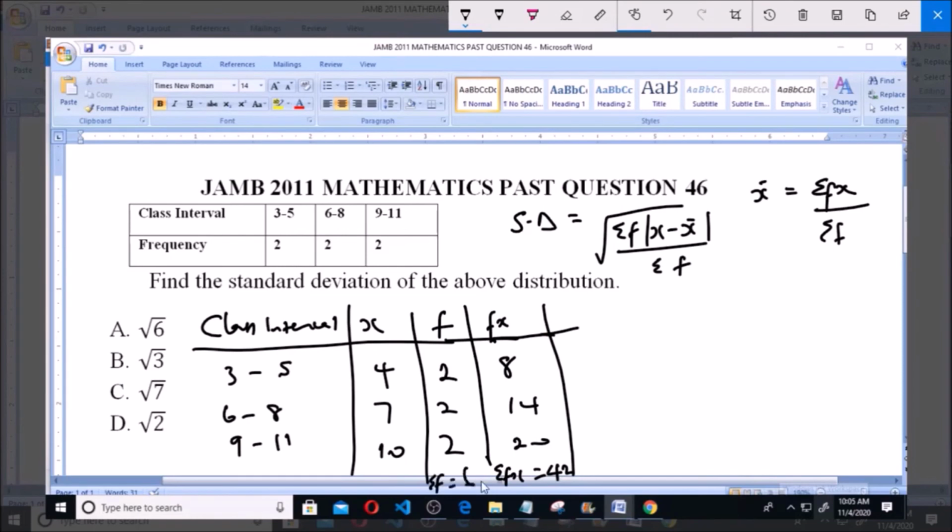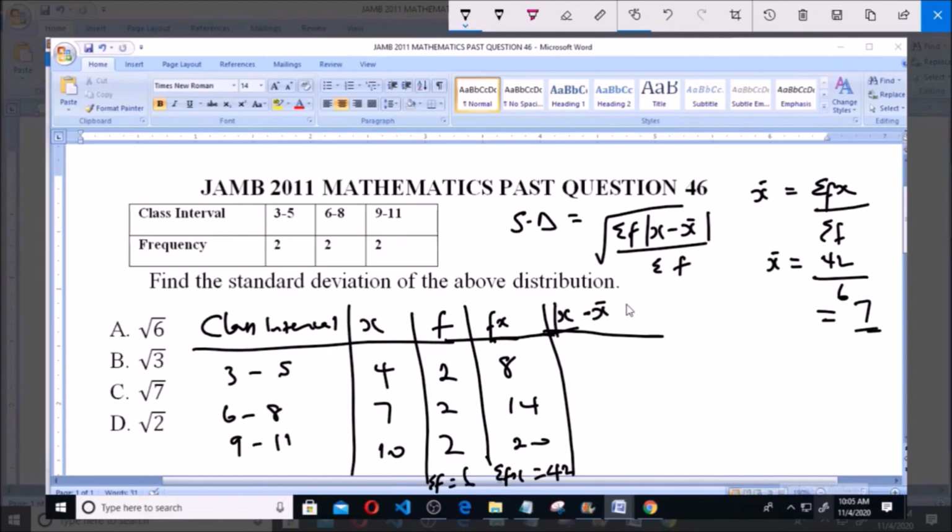So the mean is equal to summation fx, which is 42, all over summation f, which is the total frequency, 6. The mean is equal to 7.